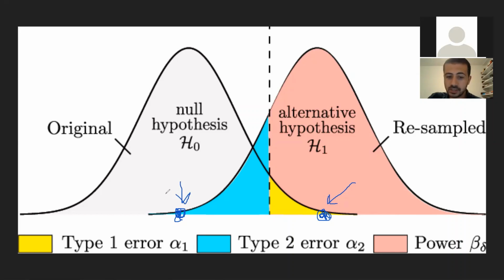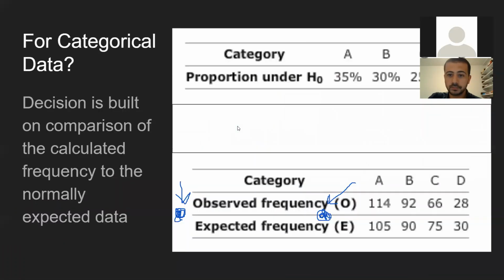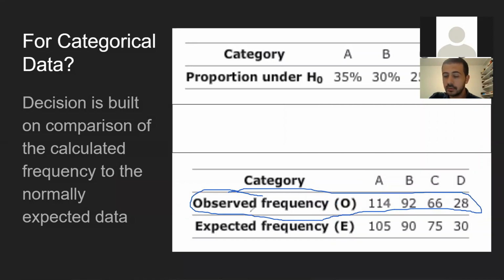I will take another example, the example of categorical data. And here, you have those observed frequencies. They are different from each other. You have this very low percent and this very high one.